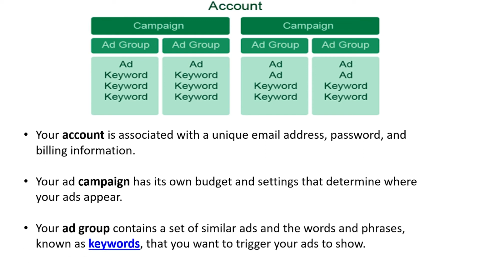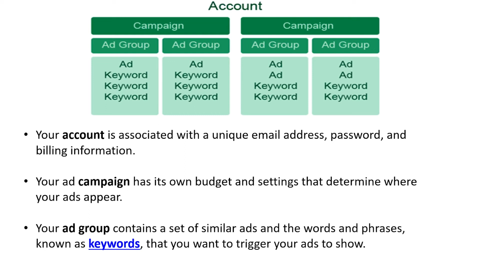And like I said, under campaigns you have ad groups. They are having a set of similar ads and words and phrases, right, known as keywords. So if someone will type in a specific keyword phrase that is there as a part of your ad group, then an ad from that ad group enters into an auction, right?